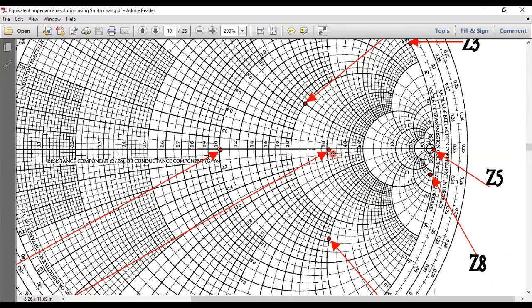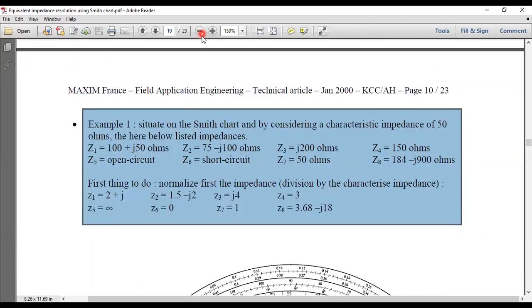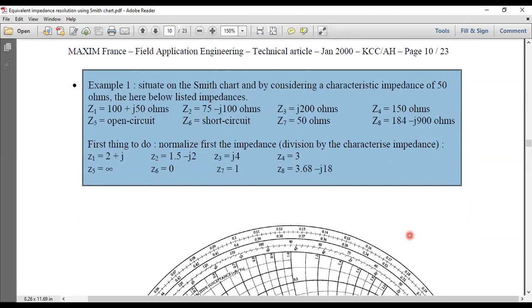So 3.2, 3.4, 3.6, and 3.8. Between that, the line is there. So you have to come this way and you have to go till 20. This line is of 20. Before that, it is 18. So this approximation you have to do. So this is the thing that you have to do.